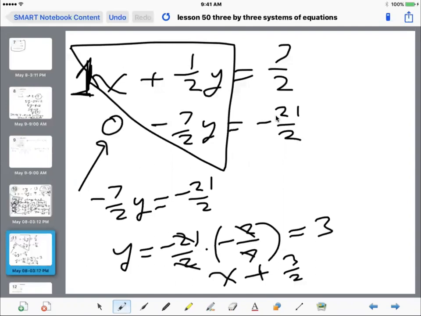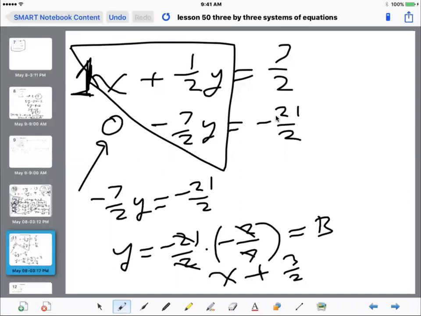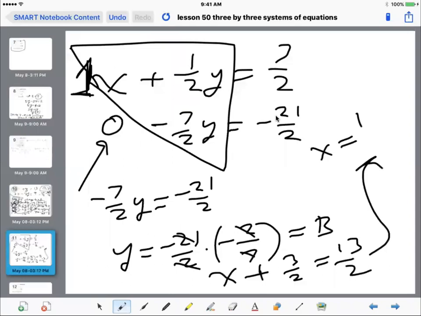Is that a 3 over 2? Oh, it's a 13 over 2. Equals 13 over 2. Subtract 3 over 2 from both sides. x equals 10 over 2 equals 5. And that's what the answer is. 3 and 5, 5 comma 3.